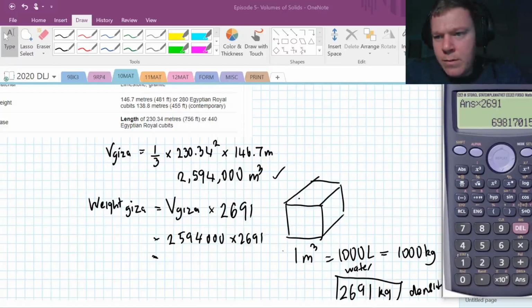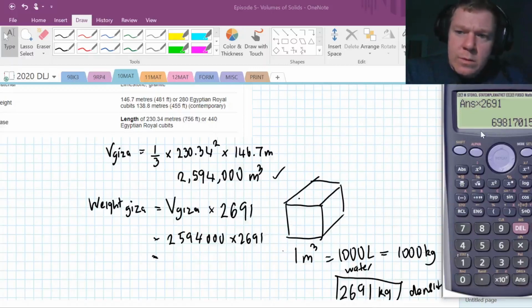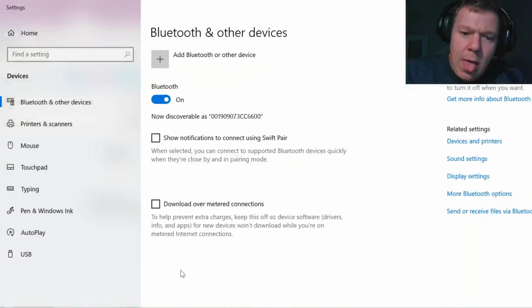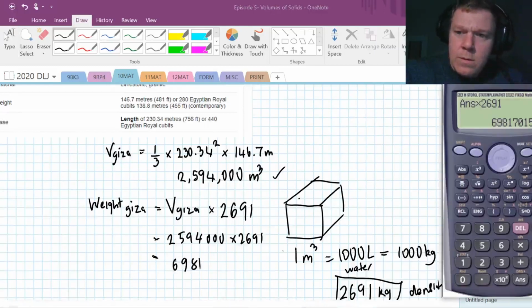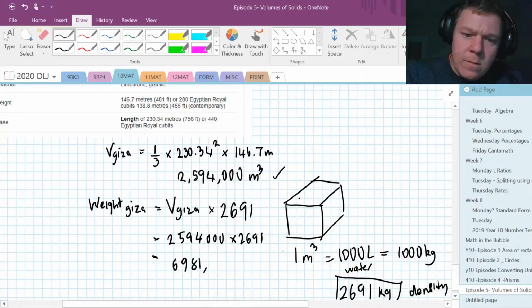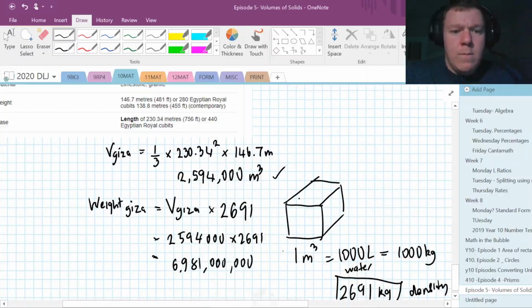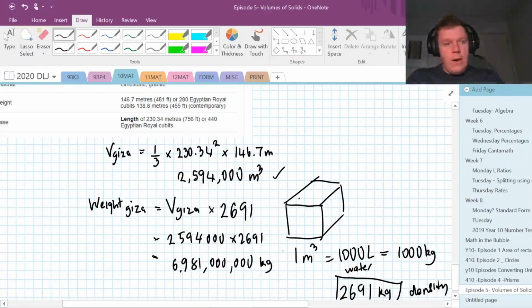How many digits? 1, 2, 3, 4, 5, 6, 7, 8, 9, 10. That's how heavy it is.